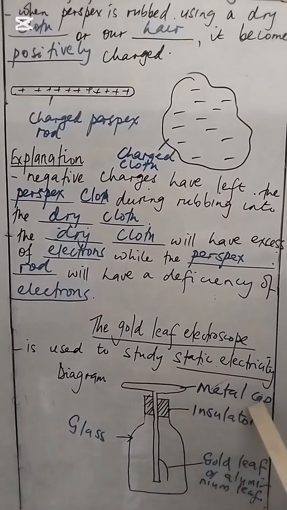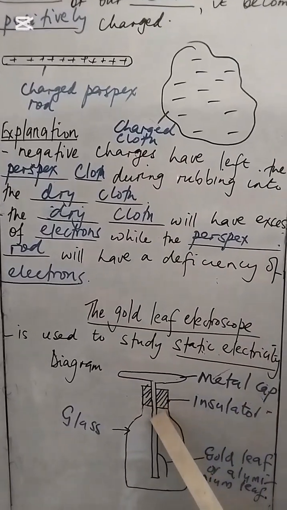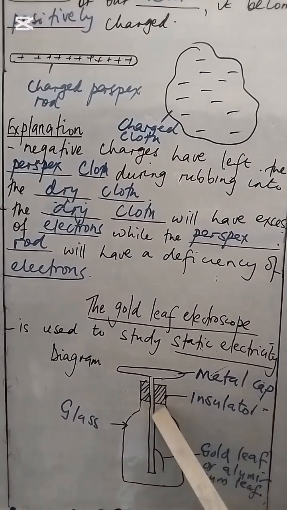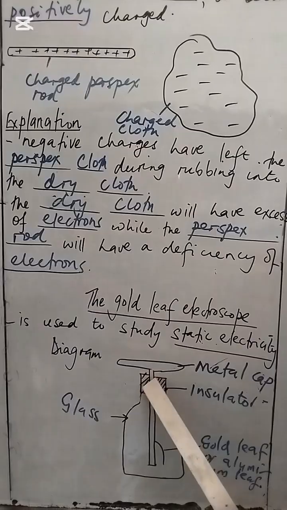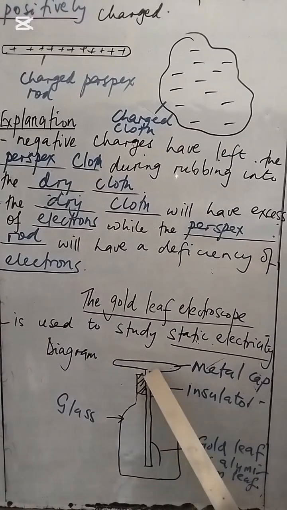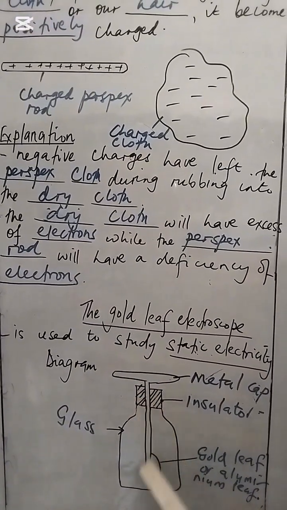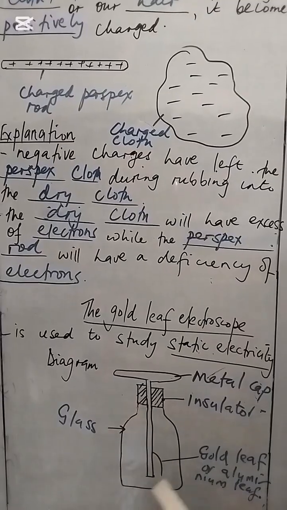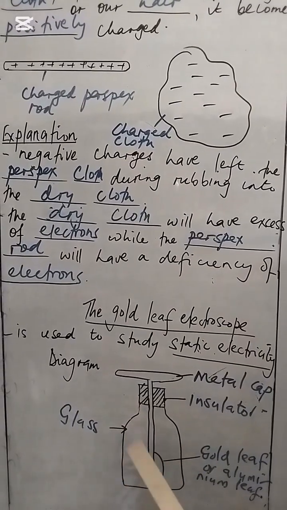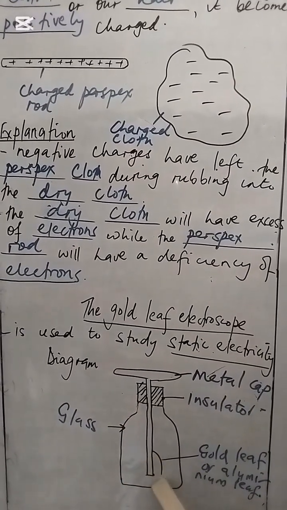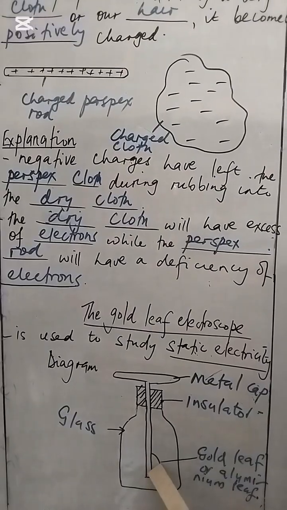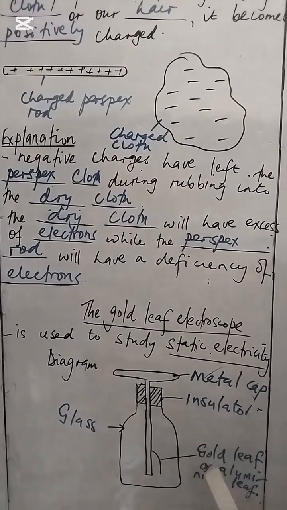We have the metal cap, then the polythene, the insulator, which prevents electrons from moving away from the rod to the glass, maybe into the ground. Then we have glass. Then we have this one, the gold leaf or aluminium foil.